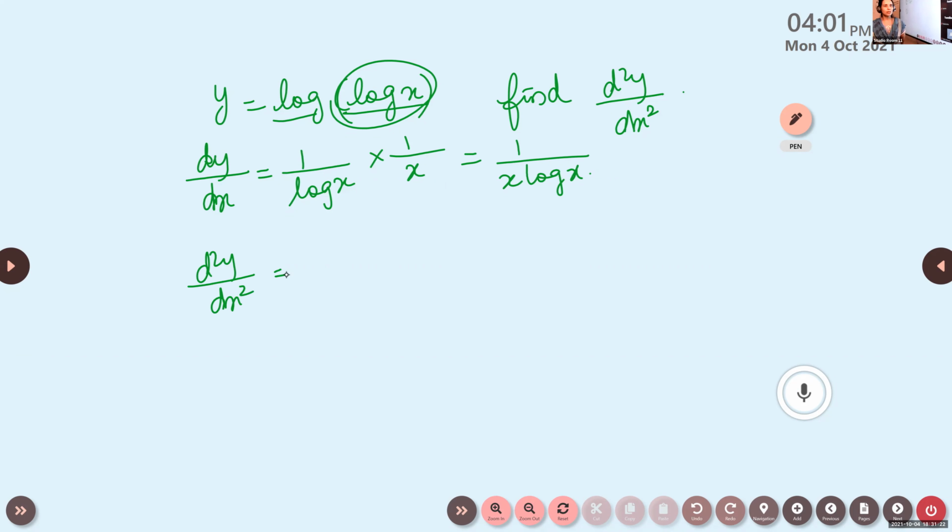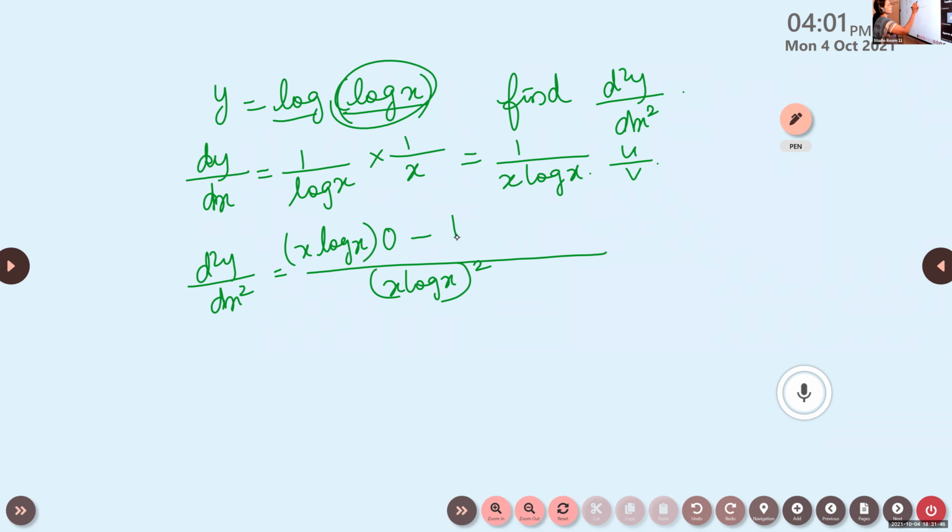Now, to find the second order derivative, which rule do we have to use? To find the second order derivative, we have to use the U by V rule. When we use the U by V rule, x into log x whole square, we'll keep as such. So x log x into the derivative of 1 is 0, minus 1 into, now differentiate x log x.